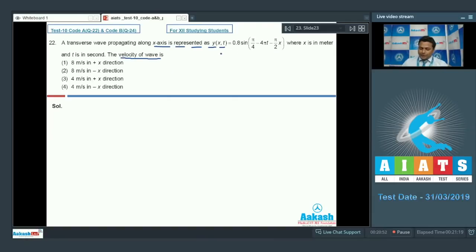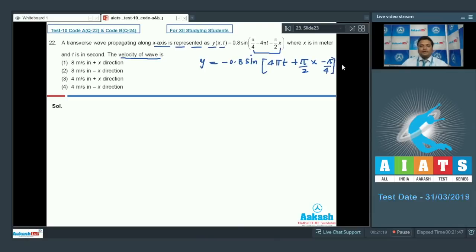Now we know very well the expression can be given as y equals, taking the negative sign outside, minus 0.8 sine of 4 pi t plus pi by 2 x minus pi by 4.